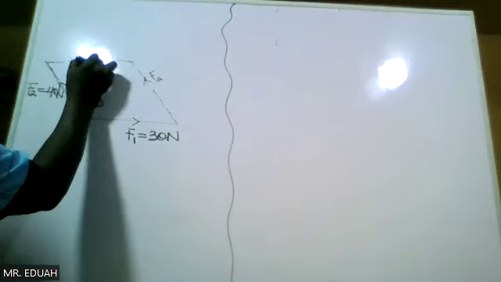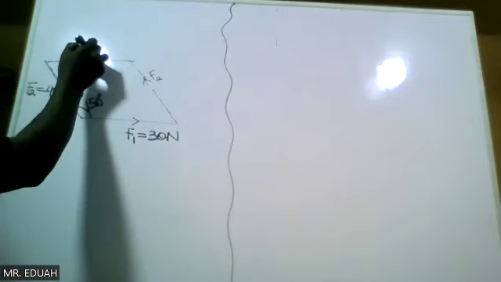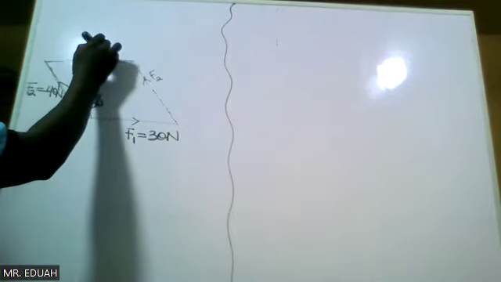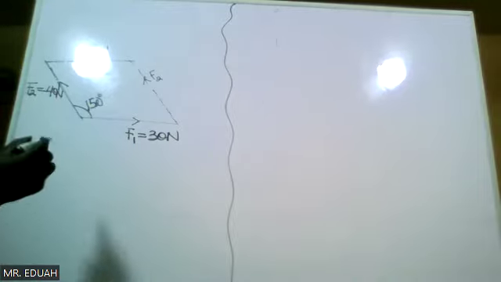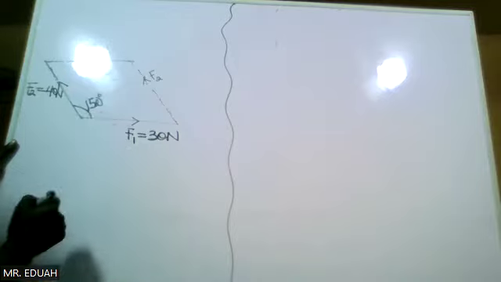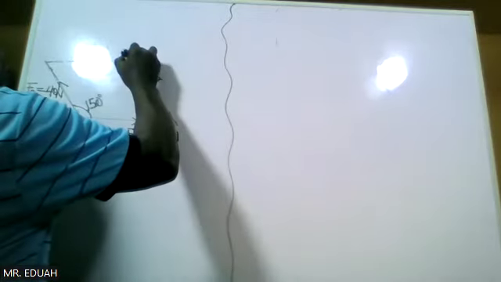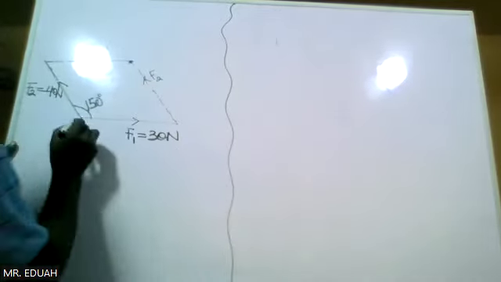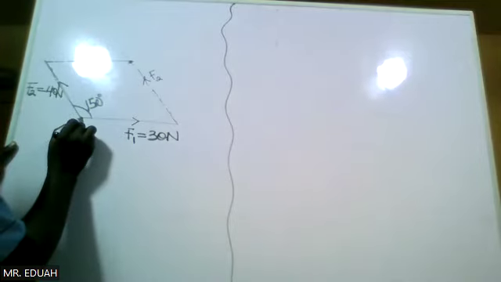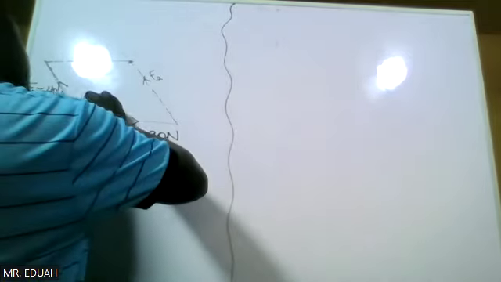Same magnitude and direction. So this is also 30 Newton. Now look at whether up or down. The direction now follows a sense of order. So the resultant is drawing a vector from the tail of F1 to the head of F2.